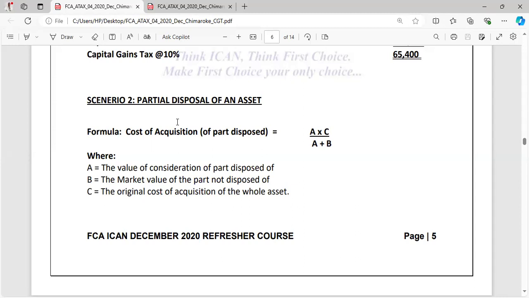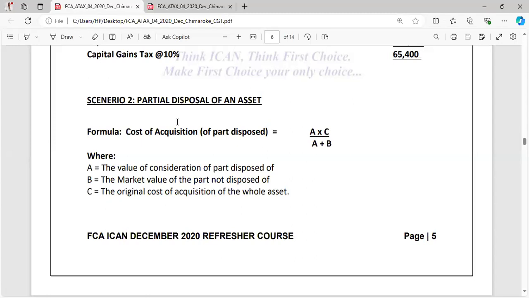Let's say you bought one full land, and when you want to dispose, you don't dispose the whole land, you dispose some plots. But when you bought them, you paid a full amount of money, and when you are disposing, you are disposing parts. That's why we call it partial disposal.